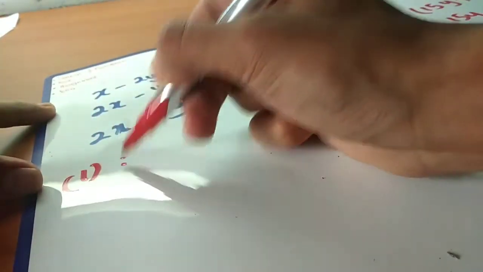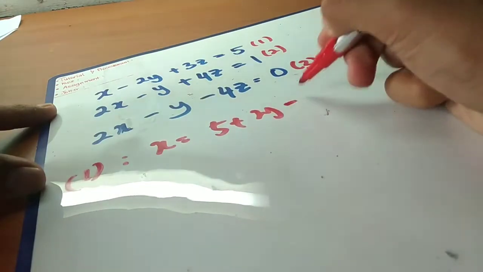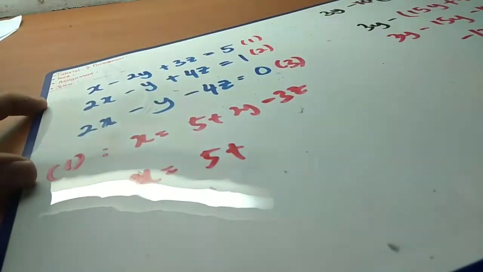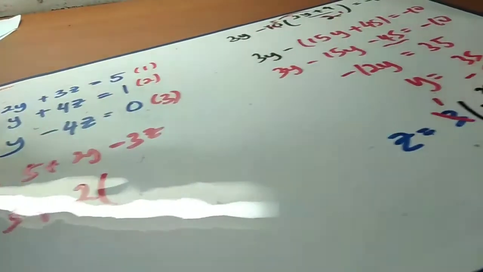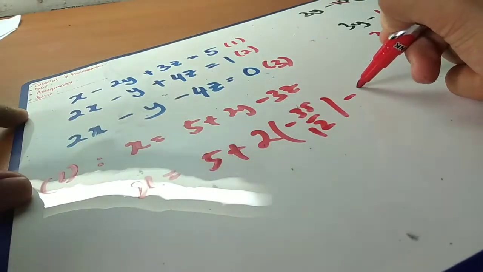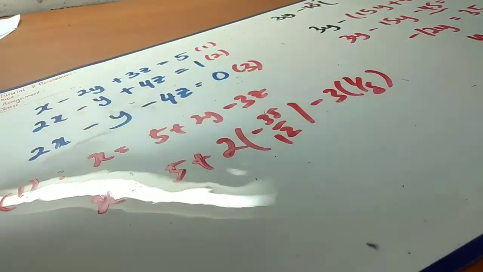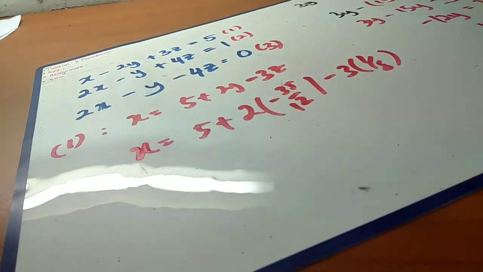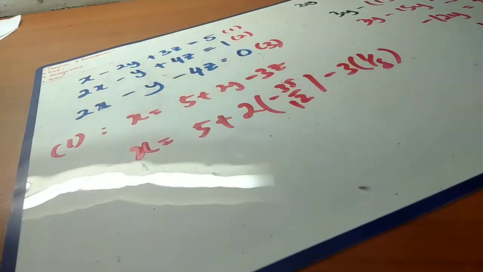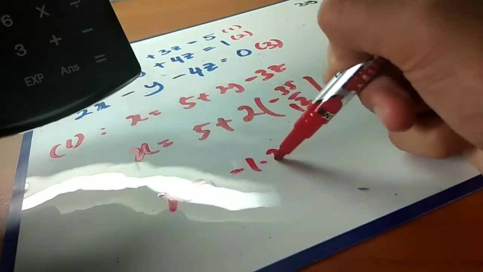From equation 1, we know previously x equals to 5 plus 2y minus 3z. So x equivalent to 5 plus 2 times y, which is negative 35 over 12, minus 3 times z, which is 1 over 8. So we just calculate the value. I think this is not a nice evaluation, negative 1.208.